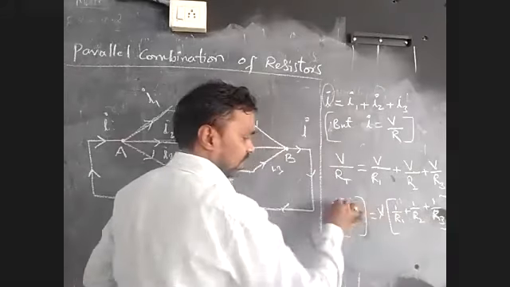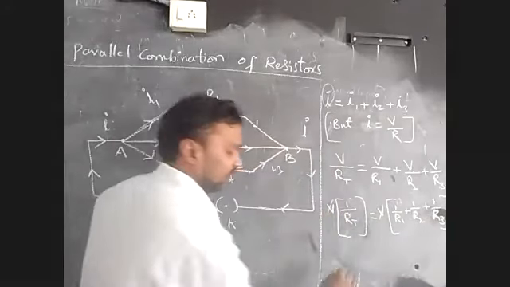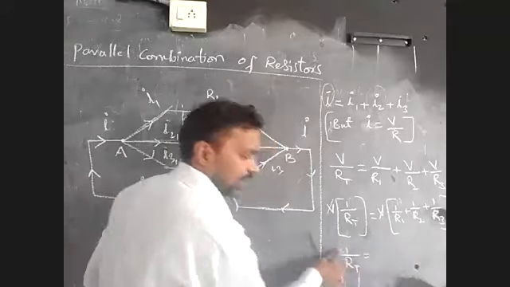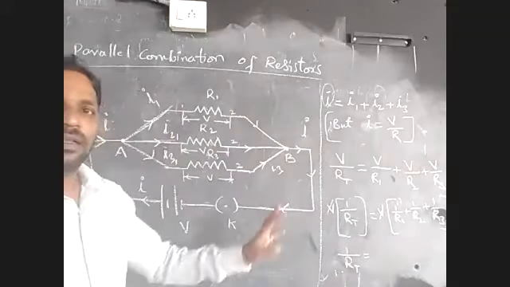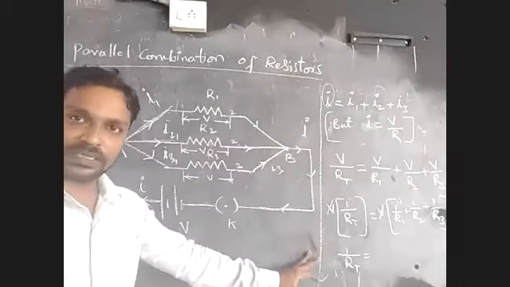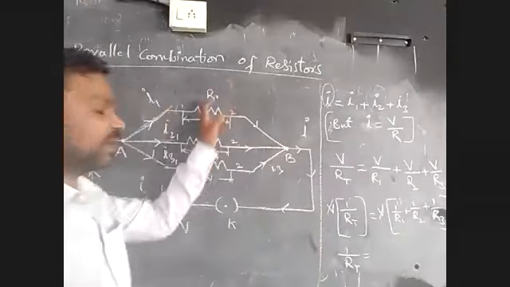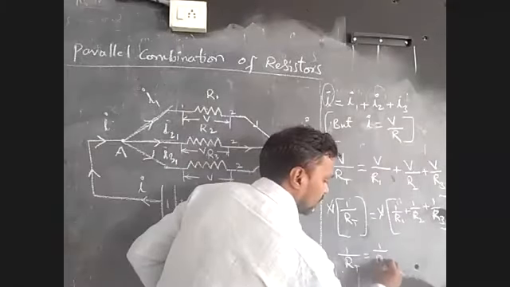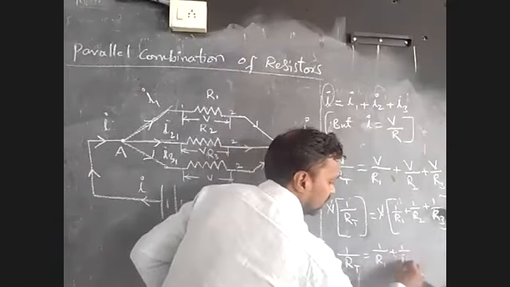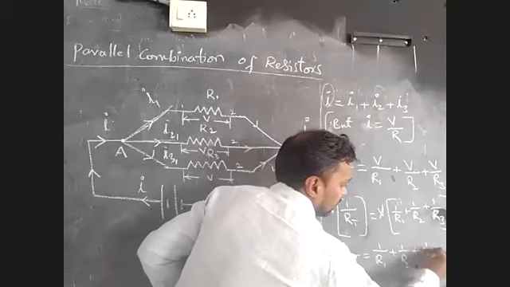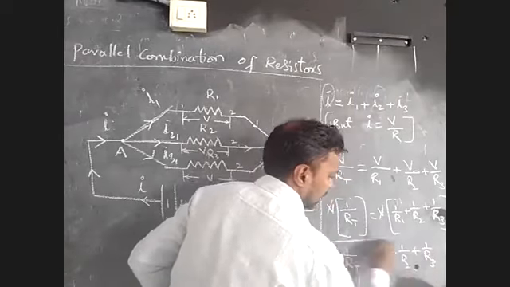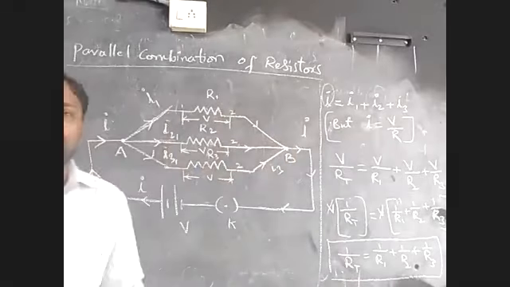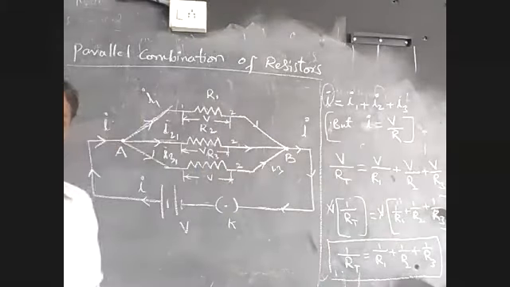Both sides we can cancel V. So what will I be getting? 1 by RP, the total resistance, or resultant resistance, or equivalent resistance of this parallel combination of resistors, is equal to 1 by R1 plus 1 by R2 plus 1 by R3. This is the relation for total resistance in the parallel combination of resistors.